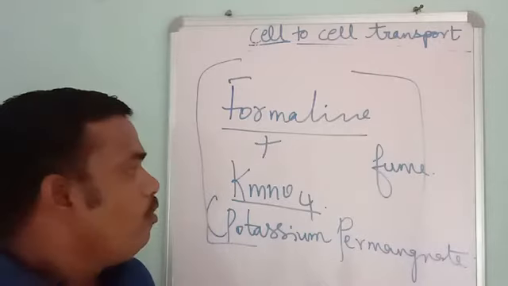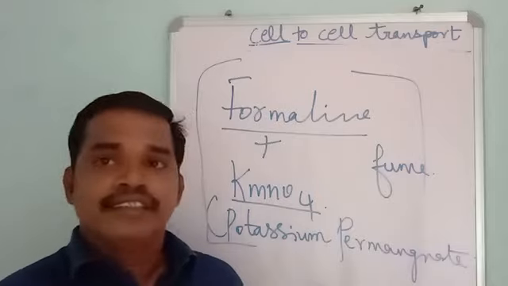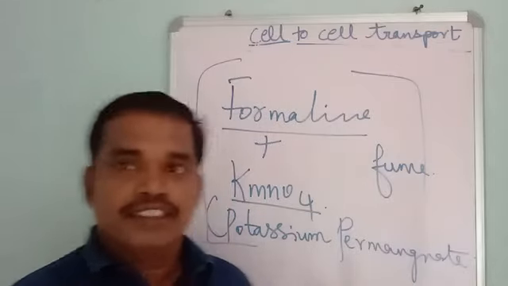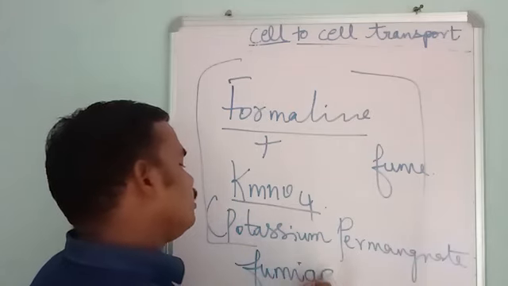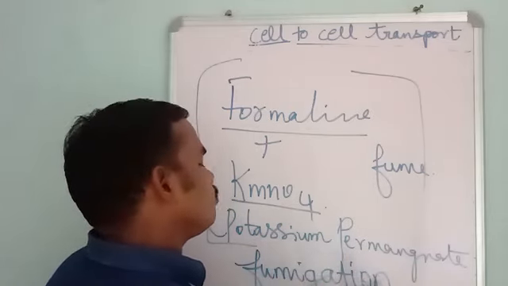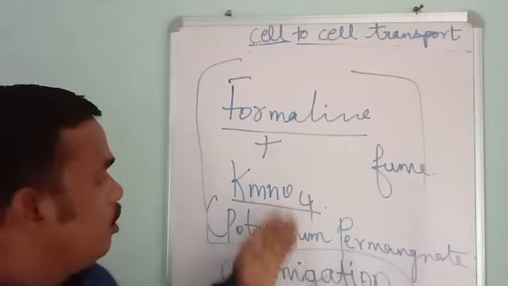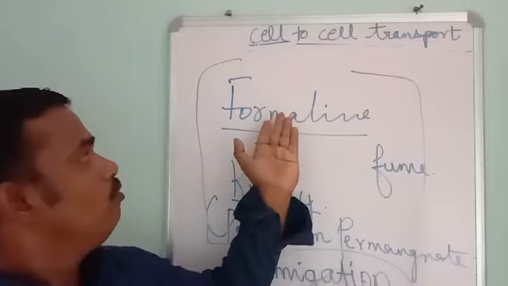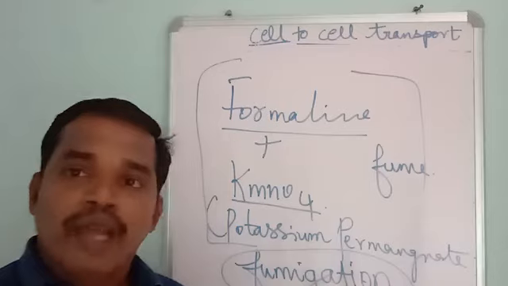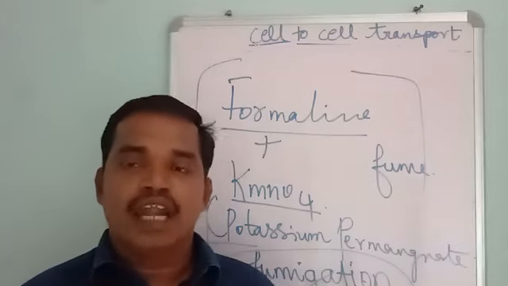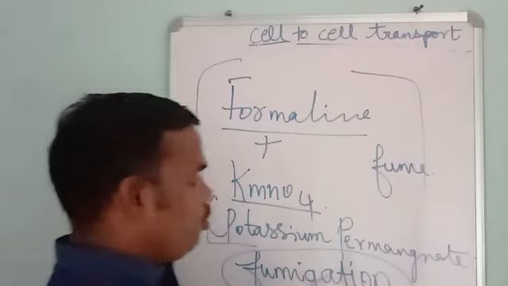This fume will kill the pathogens and sterilize the surgical theater. This process is called fumigation. What is fumigation? Making fumes with the help of formalin and potassium permanganate to kill the pathogens and keep the place free from infections. That we call fumigation.